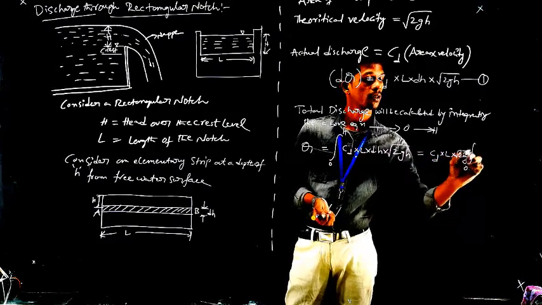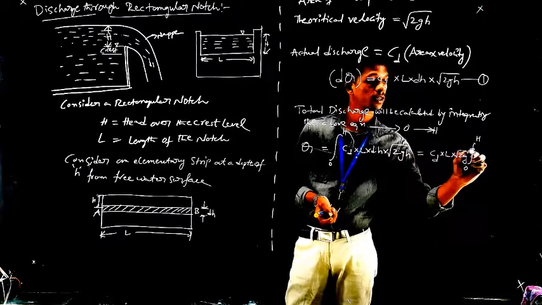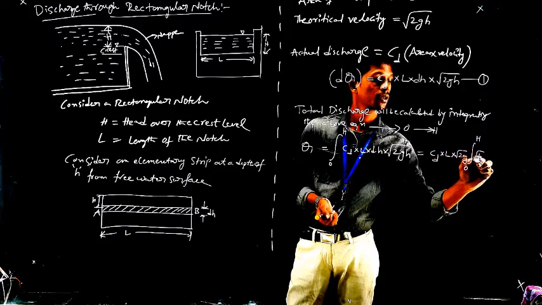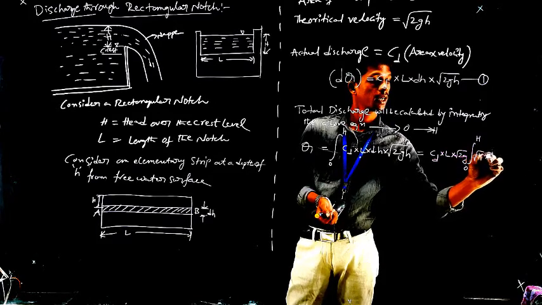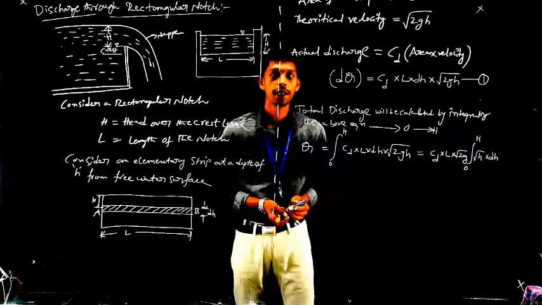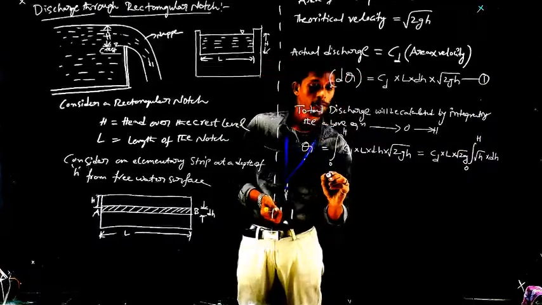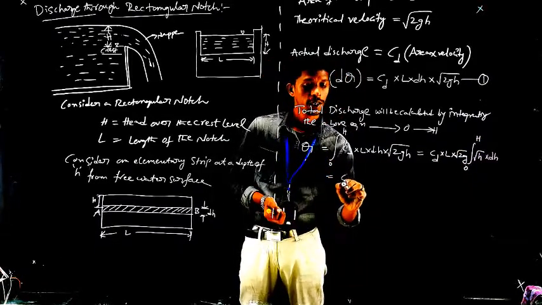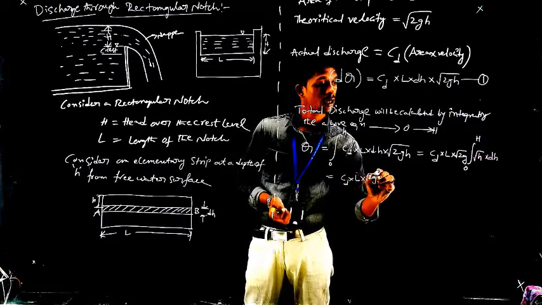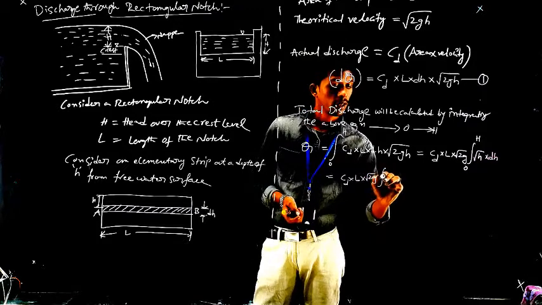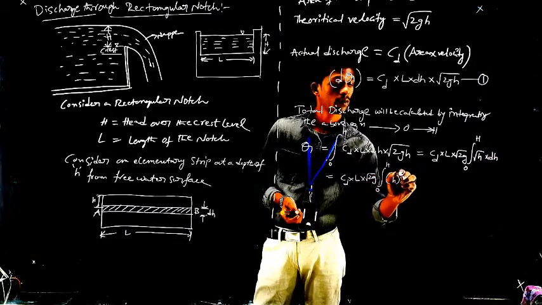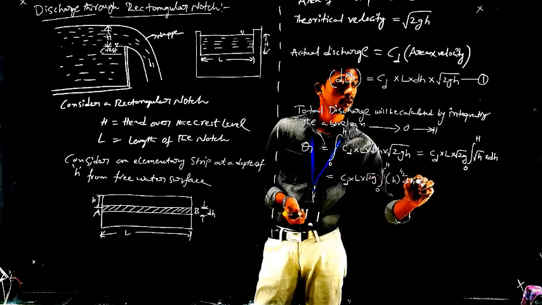What are the remaining values left in this root? Root h multiplied by dh. What is root h? h power 1 by 2, right? So CD multiplied by L multiplied by root 2g and integral 0 to H of h power 1 by 2 dh.